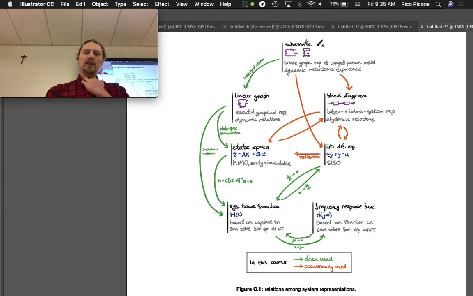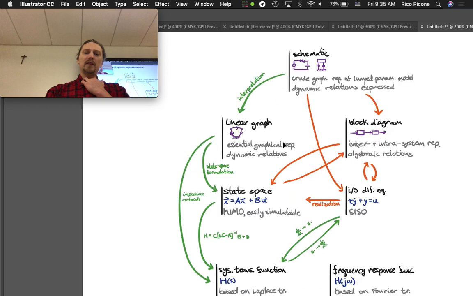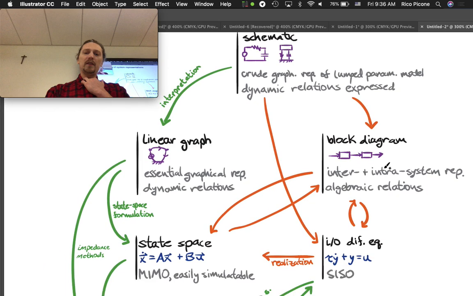The schematic is usually the first thing we do, right? So there's the real system, and then we draw a schematic for it. So that's one representation. And then we can do a couple other graphical representations. The linear graph, we spent a lot of time discussing. Block diagrams, we haven't talked about very much, but we'll continue talking about them more in the future.